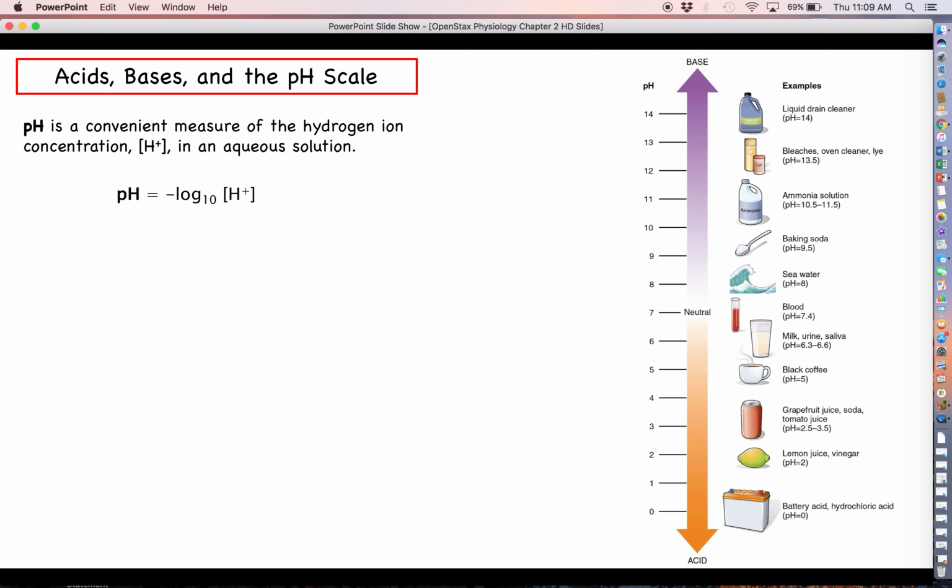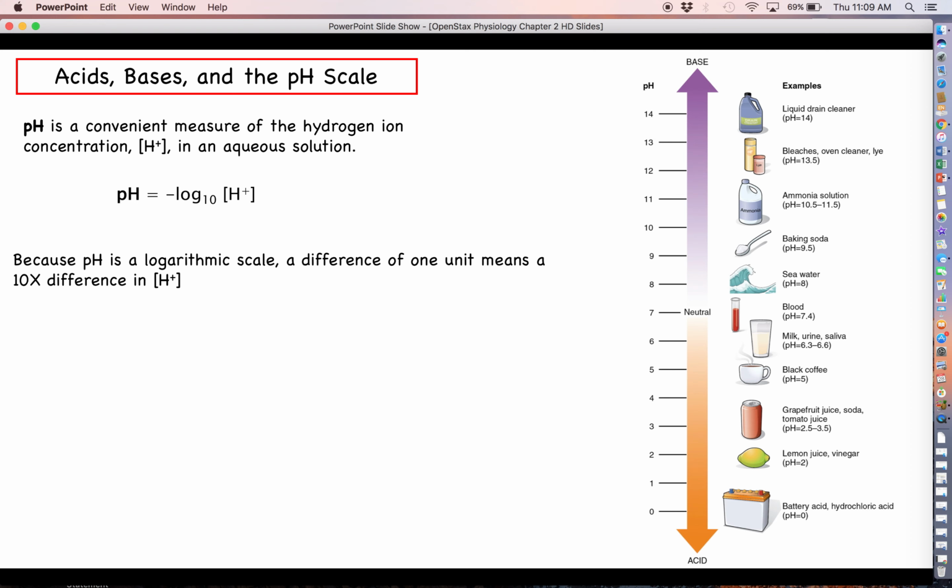Now, before you start having flashbacks back to chemistry, don't worry, we're not going to be doing any of those calculations in this class. But we do need to appreciate what this equation is telling us. So this is a logarithmic scale on the basis of units of 10, kind of like the metric system.